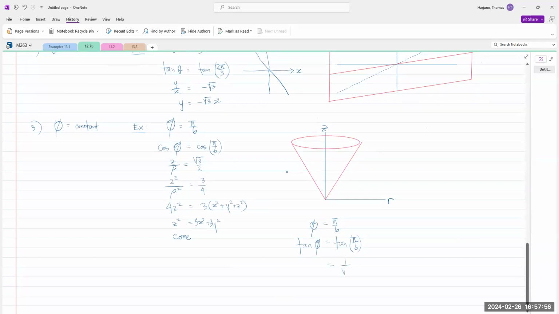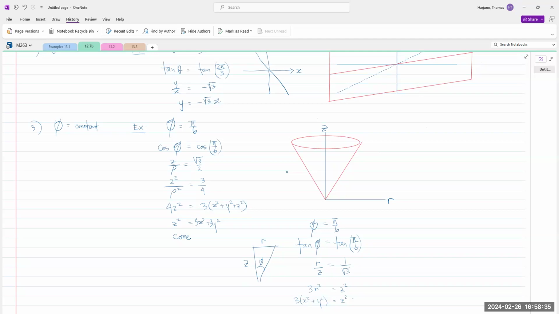This will be 1 over radical 3, but the tangent of phi is r over z. If I square both sides and cross multiply, I get 3r squared equals z squared, which gives us 3 times x squared plus y squared equals z squared.